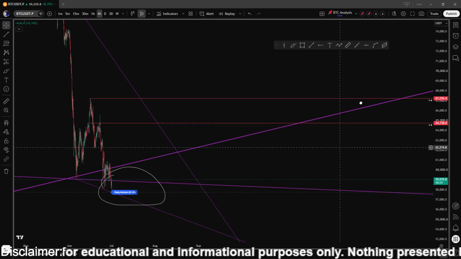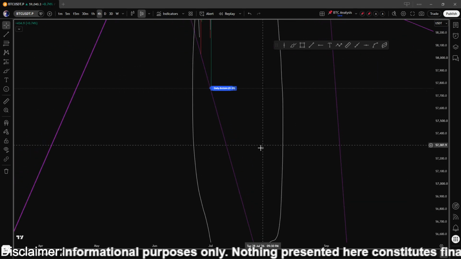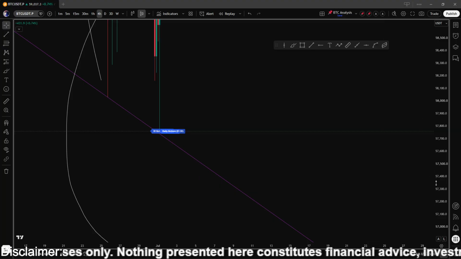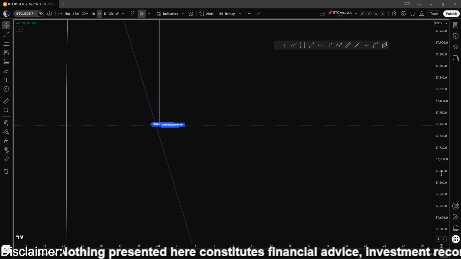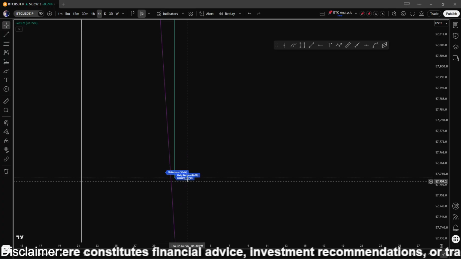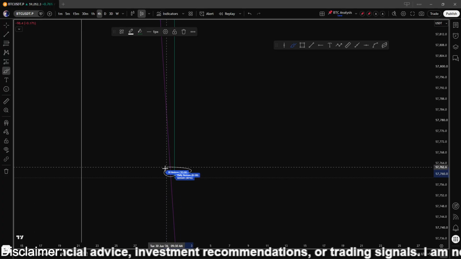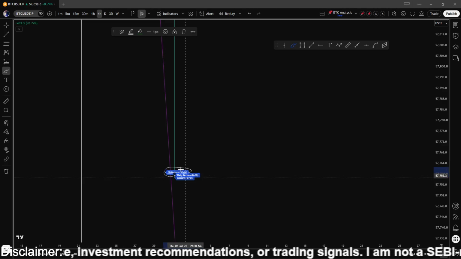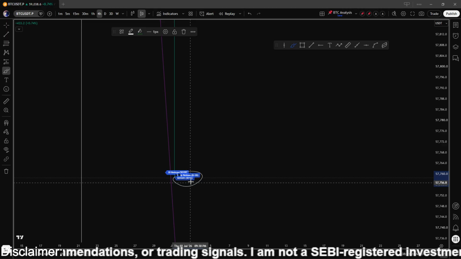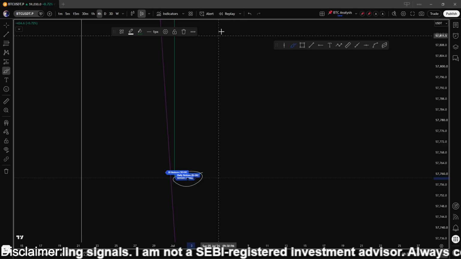Let me just zoom in a little bit. What's interesting about this one right now is it has this 3D bottom, and the highest time frame for this bottom is 3 day, which includes 3 day and equals to, and then the other time frames also include this bottom: 3 day, 4 hour, and daily.